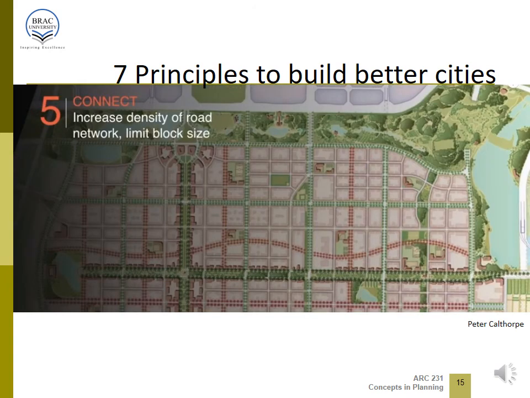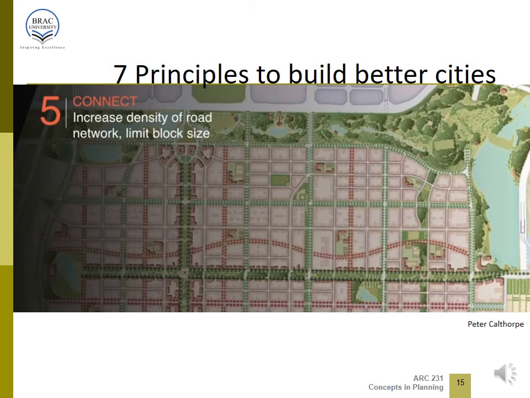Then he talks about connecting different layers of roads and blocks, and this is also part of the development control. So whenever we have defined blocks, we have different layers of accessibility.